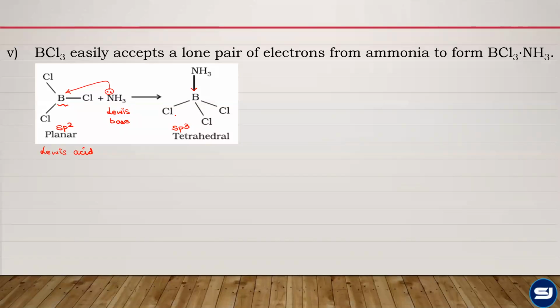So a question could be framed over here: when BCl3 reacts with ammonia, the hybridization of boron changes from dash to dash, changes from sp2 to sp3, or the geometry changes from planar to tetrahedral. So the point which is given, we have converted that in the form of MCQ. This is how the questions are asked.